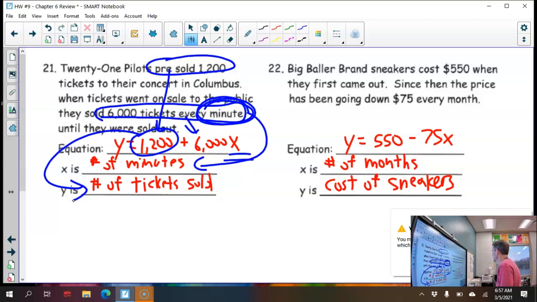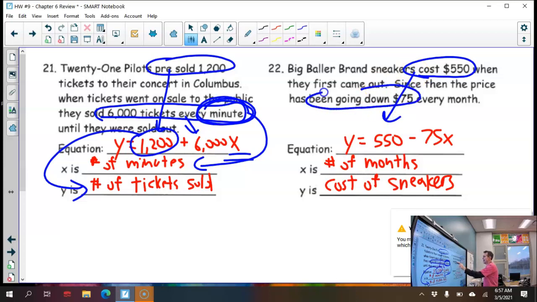And number 22. In number 22, the beginning amount is $550. And it looks like it's going down by $75 each time. So that's your equation. And then what does the x? X is how often it goes down.